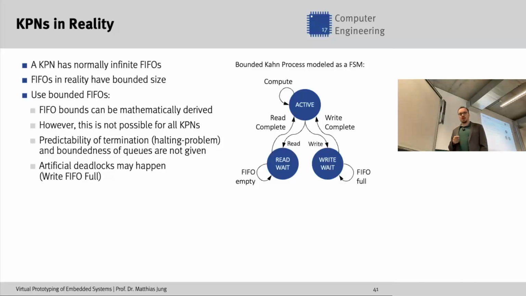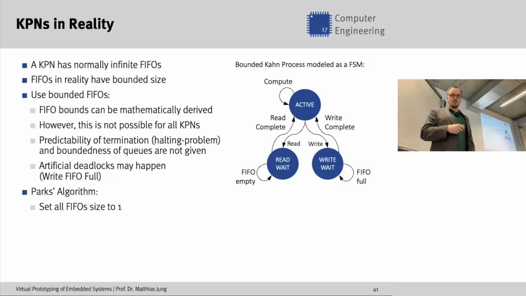And we could have artificial deadlocks, and an artificial deadlock is what happens when such a FIFO is full and we want to write to a full FIFO. Yeah? And there's an algorithm to basically also solve these issues during runtime. And this is actually quite clever.